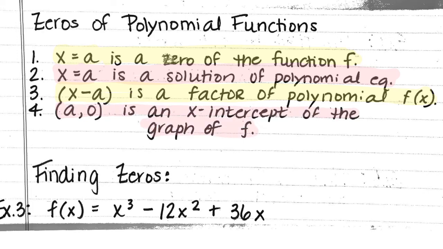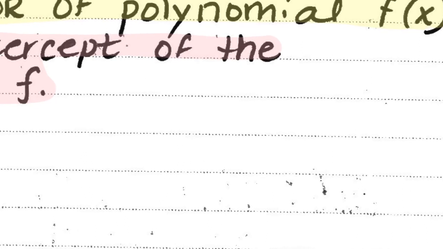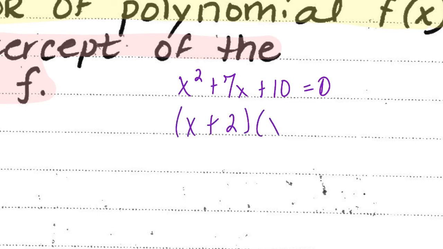So let's talk about something that we did in Algebra 2. We did this all the time in Algebra 2. If I had x squared plus 7x plus 10 is equal to 0, remember that we can factor this to be x plus 2, x plus 5, and we called these factors.